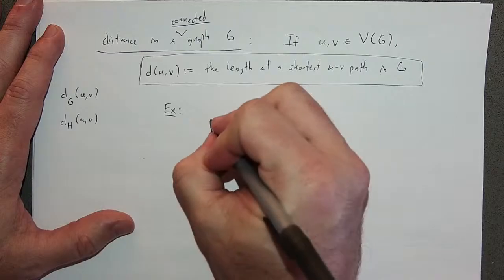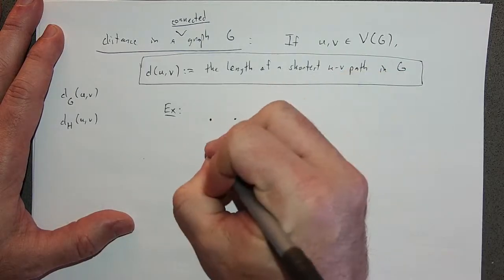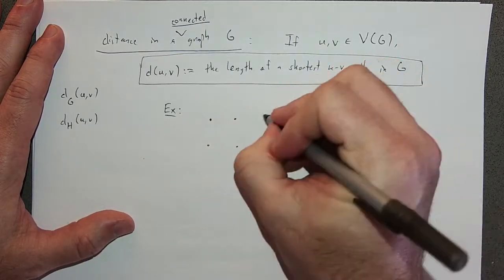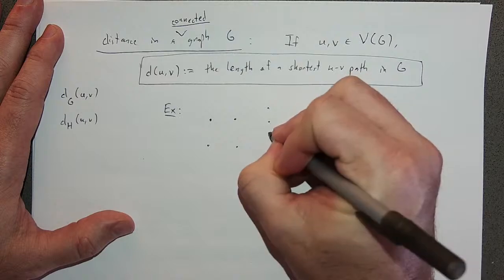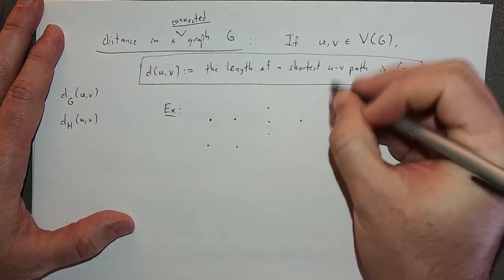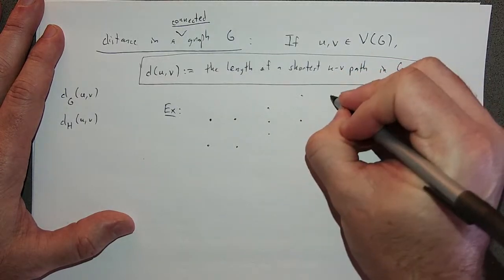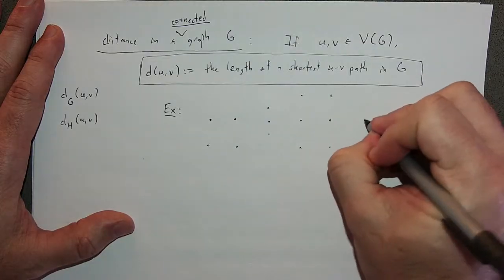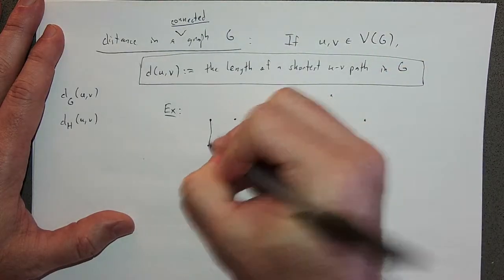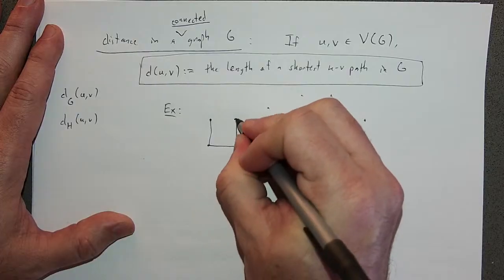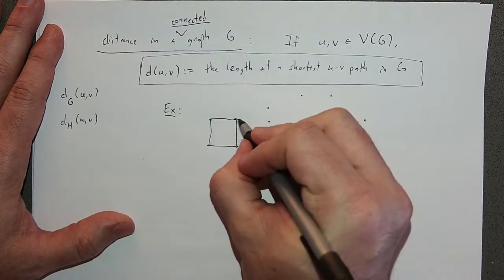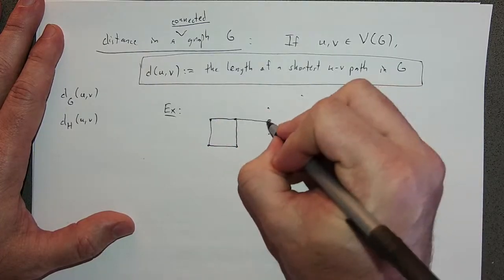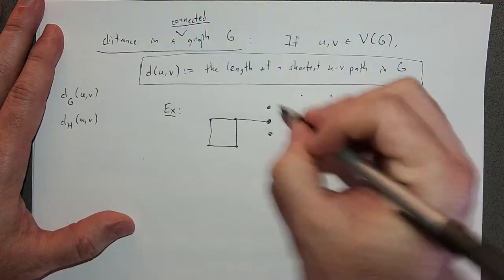So maybe I have vertices here. Let me make these vertices bigger so you can actually see them.